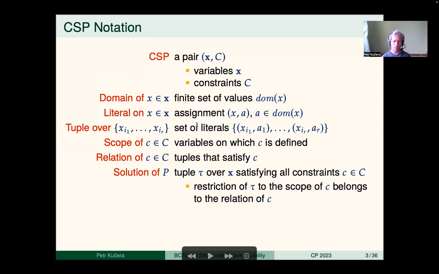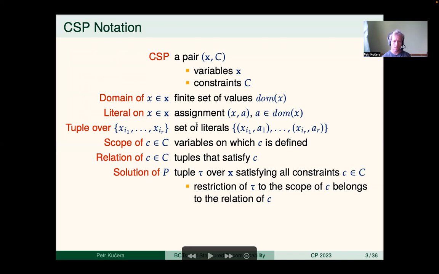So I would like to first introduce the basic notation I will use. A CSP to us is a pair of a set of variables X and a set of constraints C, where each variable has a finite domain.